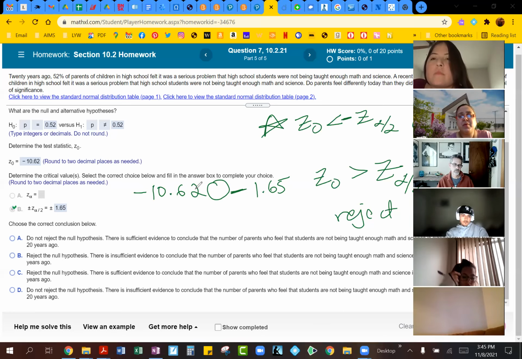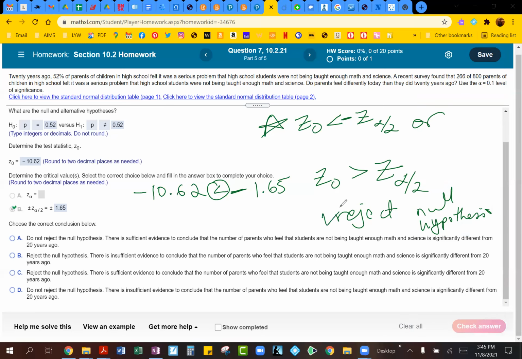Which symbol would we put between negative 10.62 and negative 1.65? Yeah, negative 10.62 is less than negative 1.65, which means we reject the null hypothesis because this condition is being met, obviously looking at those 2 numbers.